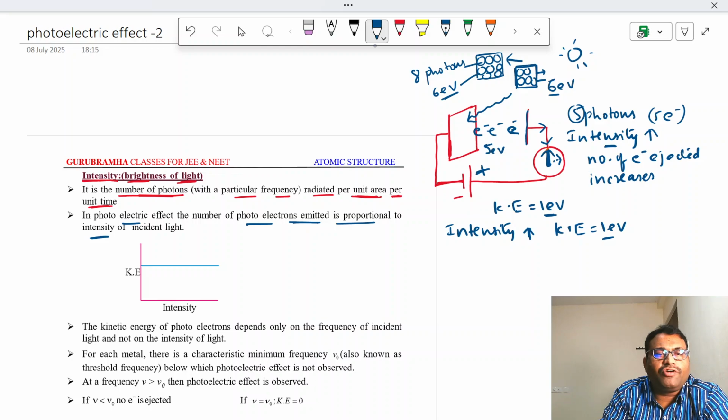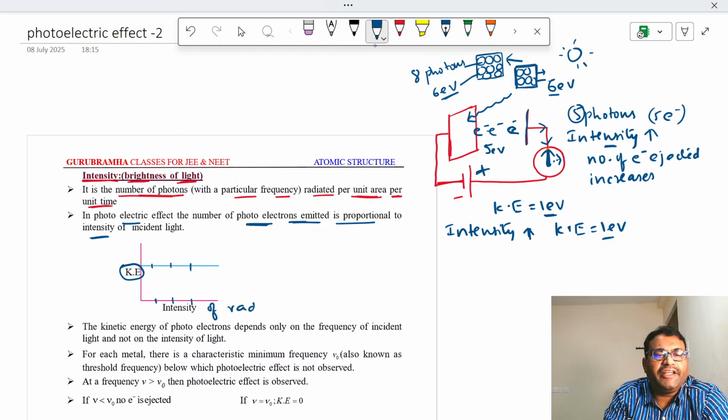So the number of photoelectrons emitted will increase if you increase the intensity, but the kinetic energy does not change. Increasing intensity, kinetic energy remains the same. That means kinetic energy remains constant, or we say it is independent of the intensity of radiation.